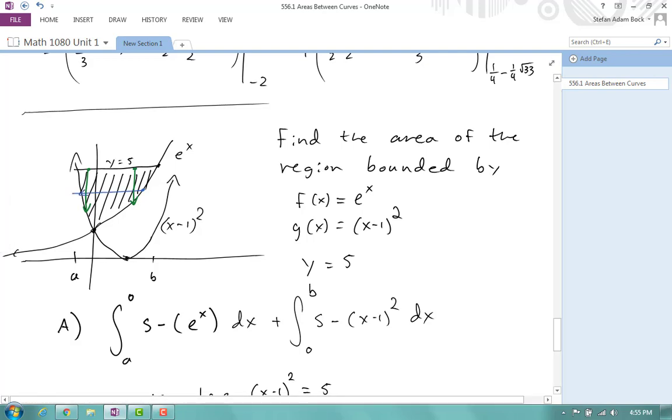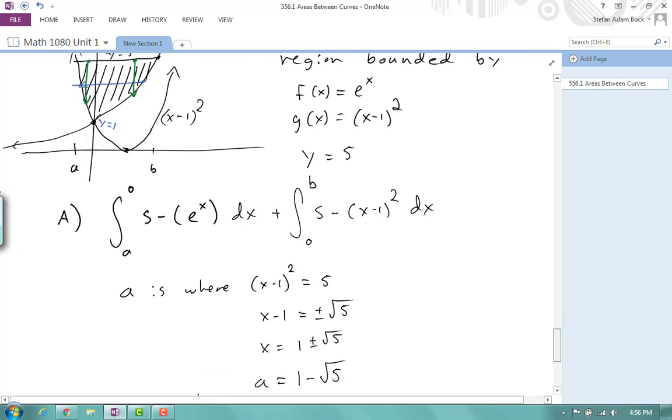And this integral looks like it might be a little bit easier because my top function doesn't change from y equals 1 up to y equals 5. And my bottom function doesn't change here from y equals 1 up to y equals 5. So I should be able to express this area as a single integral instead of needing two separate integrals with different bounds.